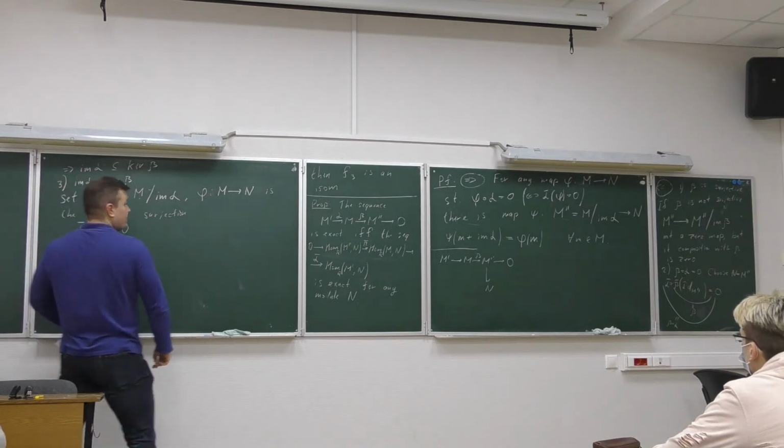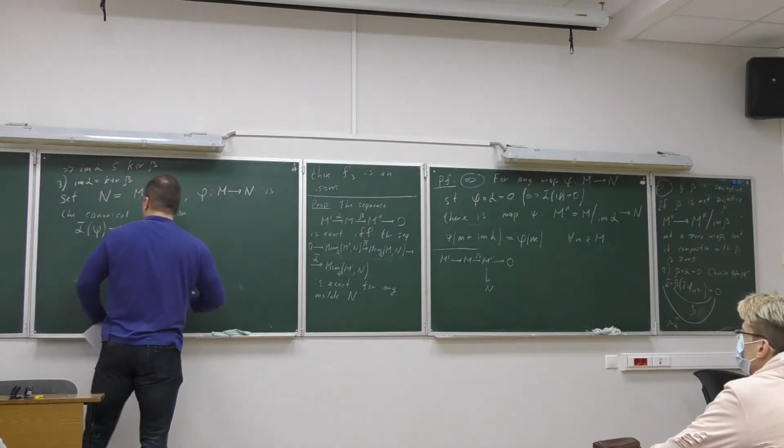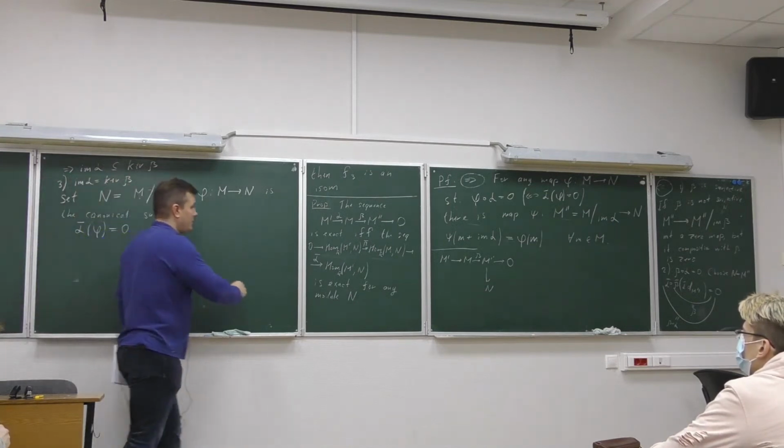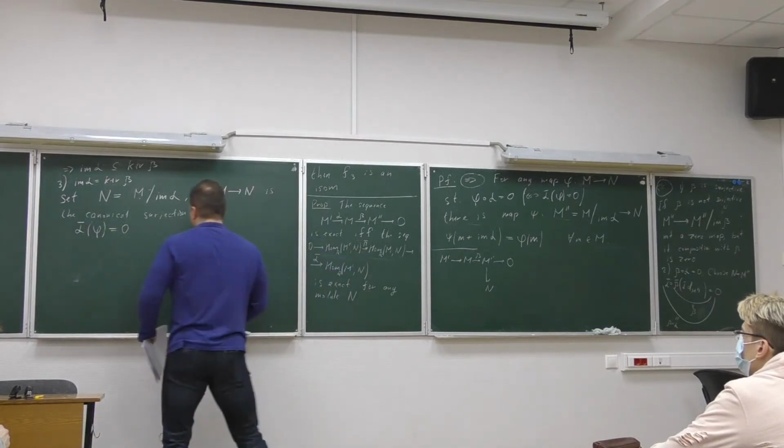Now, because I have the exactness of the Homs and phi is such an element that alpha bar of this element is 0, it is actually beta bar of something.